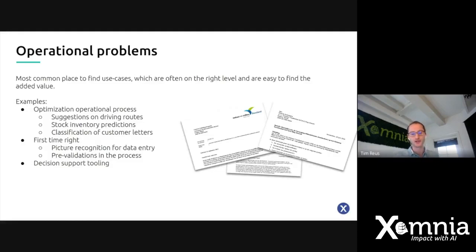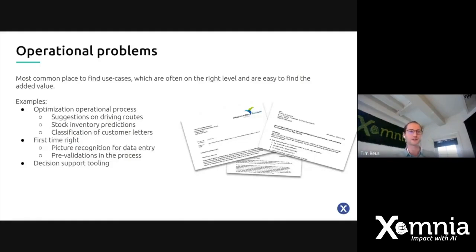Well, this is something you could do as a person, and you might be the best at it. But it takes a lot of time, it's cumbersome, and it might not be the most interesting work every now and then. What you could do here is optimize that process by using classification on these customer letters to actually show, hey, this is about this topic, so it should go to that department.